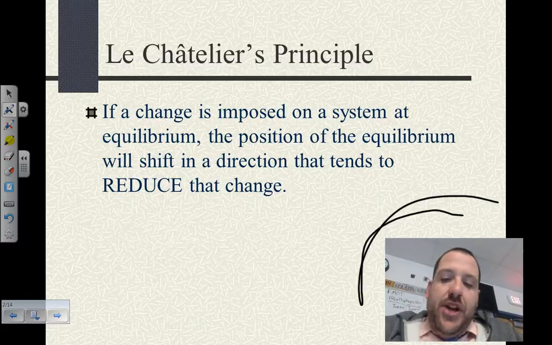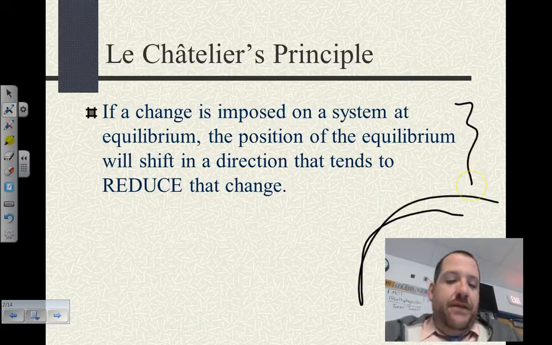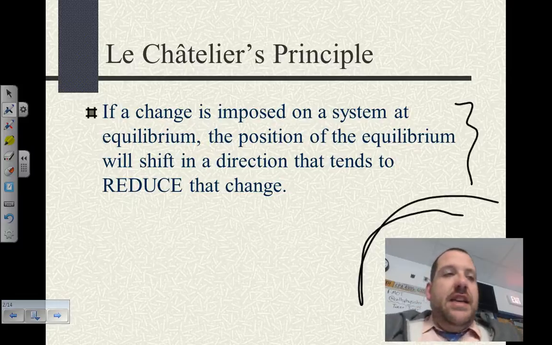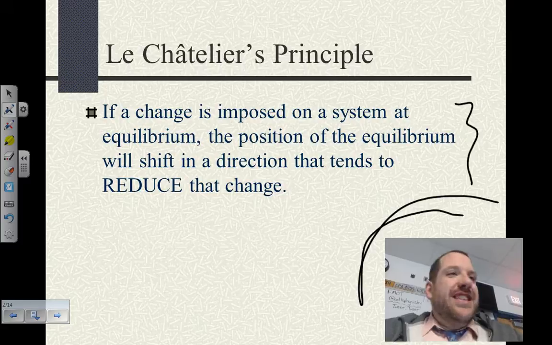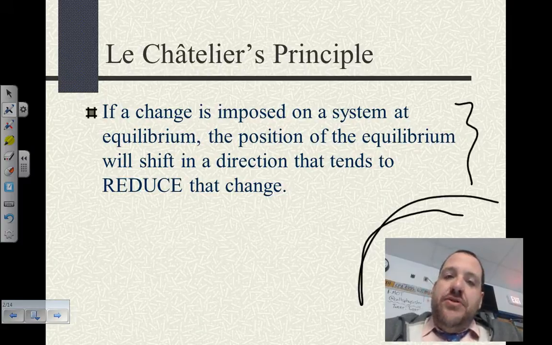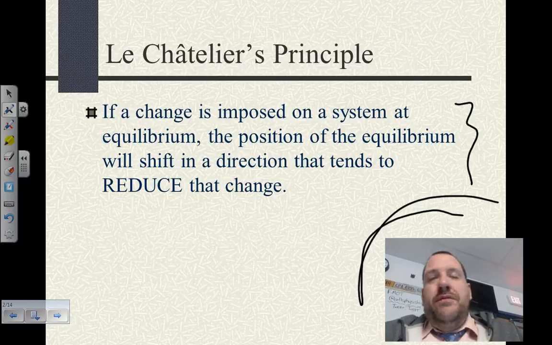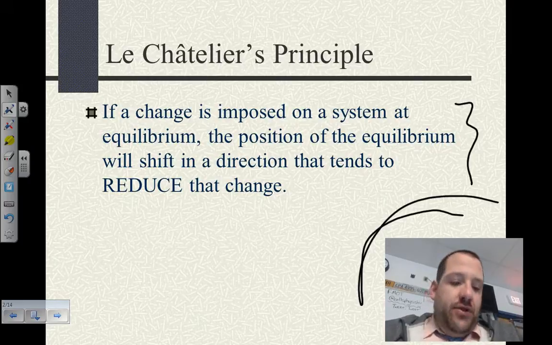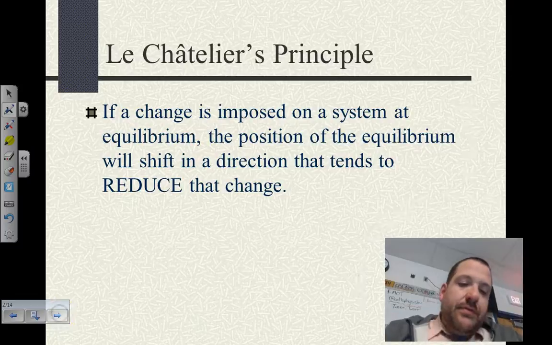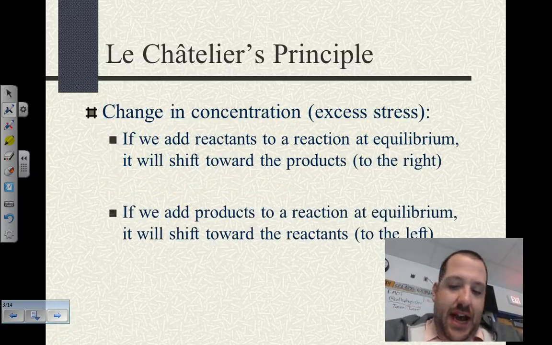Le Chatelier's principle, again, if you want to copy that down, the idea is that as we change the system, or put a stress on the system, the system will shift in order to reduce that change. Kind of like real life, right? We have a lot of stress in our life. We kind of shift what we're doing to reduce that stress. So there's a lot of different changes that can happen here.